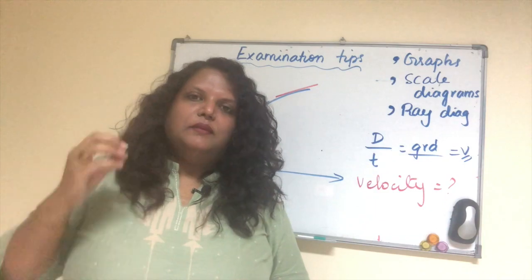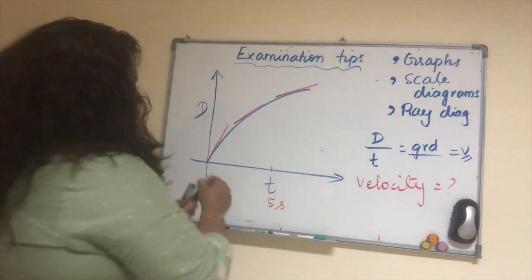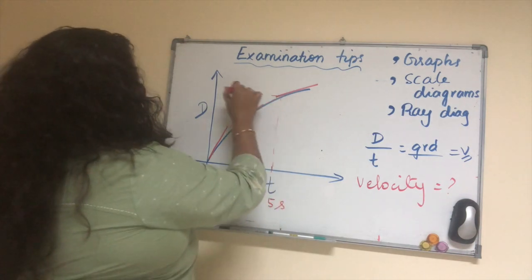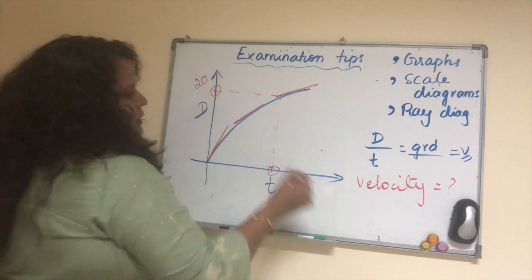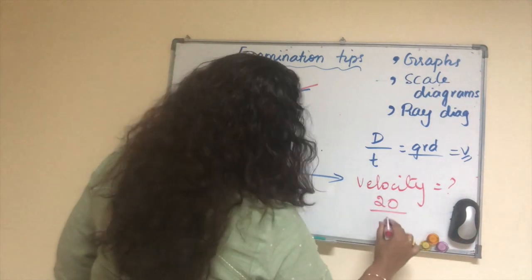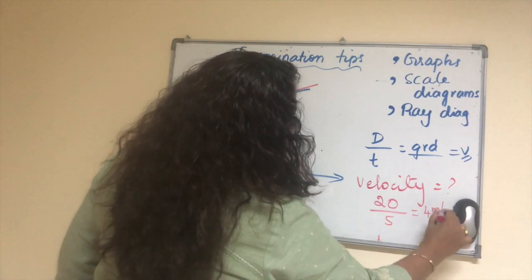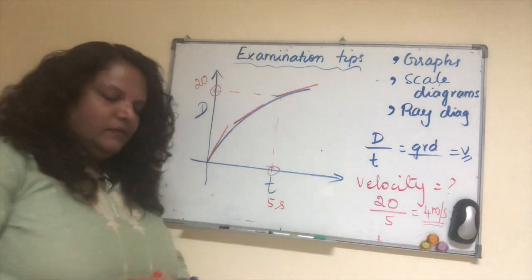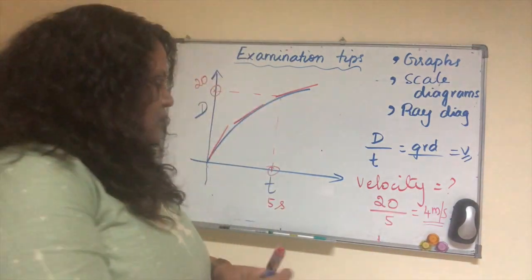I know for a fact that many of you might be thinking that at 5 seconds, immediately you would drop a line here, take this value, say if this is 20, you would divide distance over time, 20 upon 5, which is equal to 4 meters per second. I do not know how many of you will be shocked to know that this calculation is wrong.